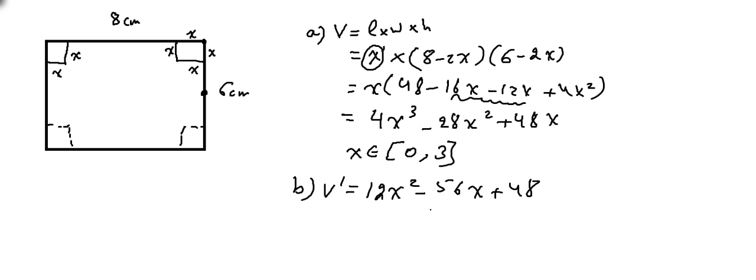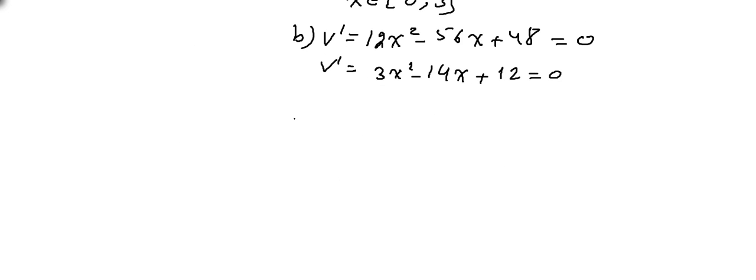This is the derivative of the volume. Setting this derivative to 0, we can first simplify by dividing by 4: 3x squared minus 14x plus 12 equals 0.